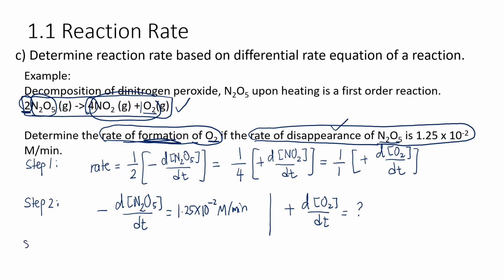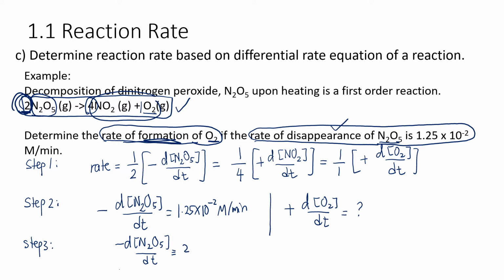Then in step number 3, we can solve this based on the relationship given for N2O5 and oxygen in the balanced chemical equation. So we know that for N2O5, based on the balanced chemical equation, it is corresponding to 2 mole being used up. So 2 mole.